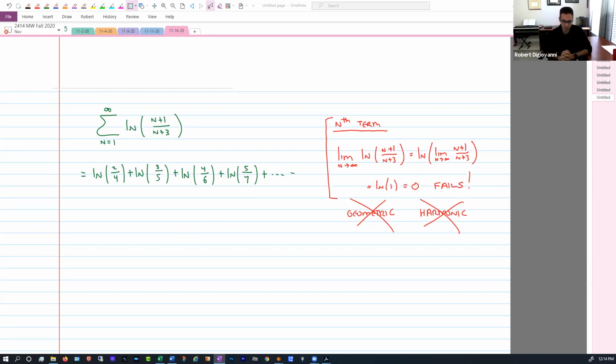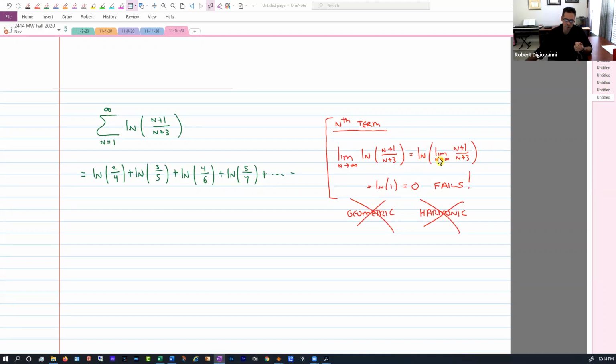Okay. So I already put up here kind of the process you should have gone through. You run the nth term test. So you take the limit of the sequence, and then you can do the limit of just the inside, and that's infinity over infinity. L'Hopital will give you a 1.